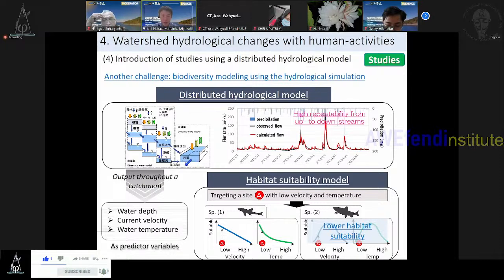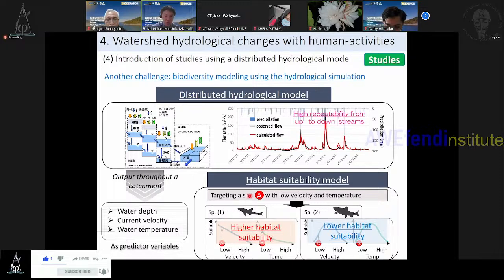In these habitat suitability models for two species, for site A, the habitat suitability is predicted as low for one species because at site A, current velocity is low and temperature is low. On the other hand, for the other species, site A has low velocity and temperature, so the habitat suitability is predicted as high.